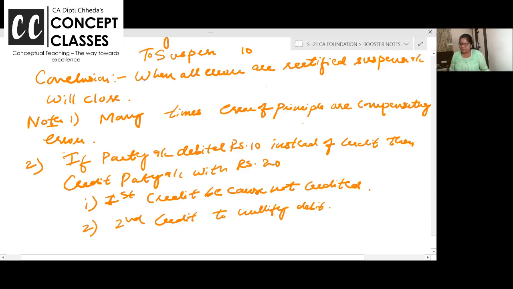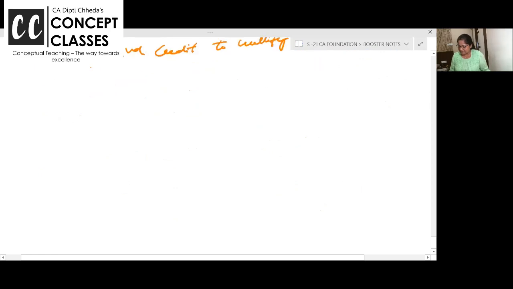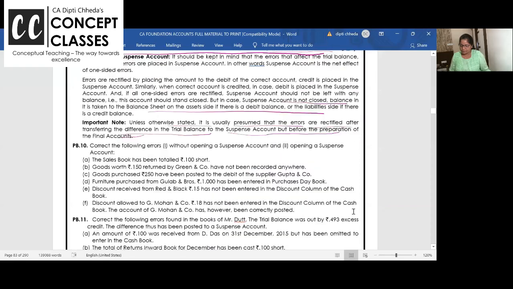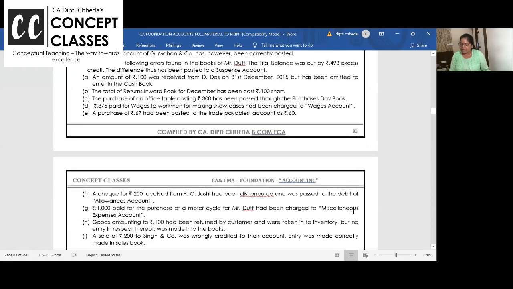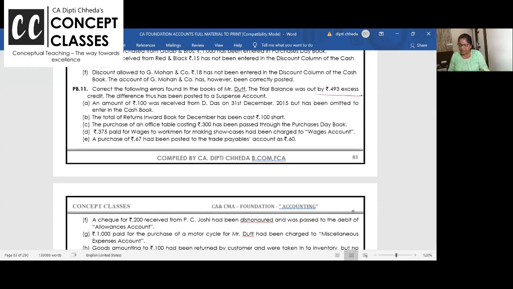Shall we do problems with suspense account? Let's do the eleventh problem. Correct the following errors found in the books; the trial balance was out by 493.